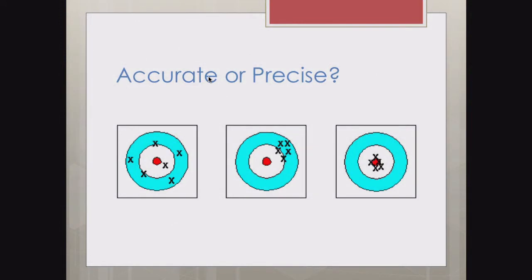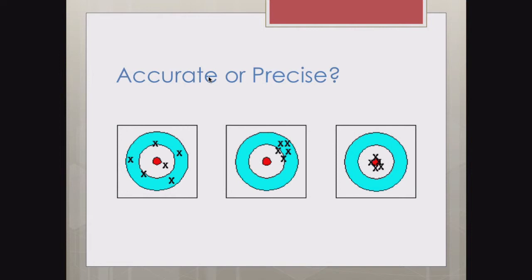All right, so the question is, in these 3 diagrams, are we dealing with accuracy or precision, both or neither? In this first diagram, would you say it's accurate, precise, both, or neither? What do you think? Yeah, neither. He's right.